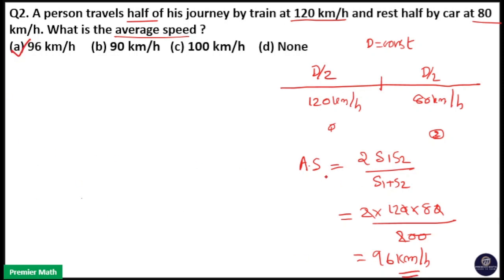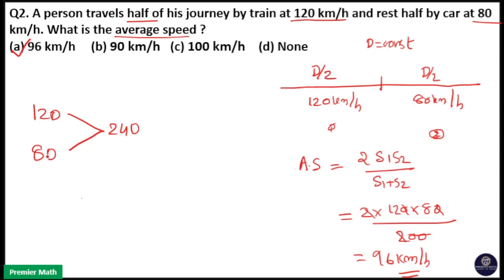Here, if you don't know this formula, average speed 2 s1 s2 divided by s1 plus s2, you can use another method as well. Here distance is constant. So first half train travelled at 120 km per hour and second half at 80 km per hour. You can take the LCM of 120 and 80 because distance is constant here. So LCM of 120 and 80 is double of 120, that is 240, and 240 is divisible by 80.